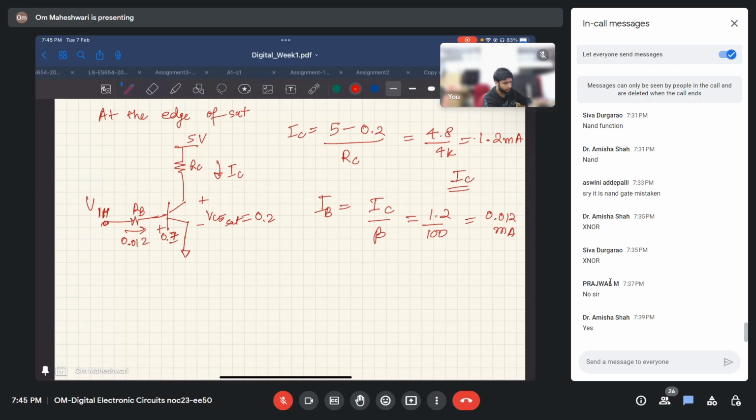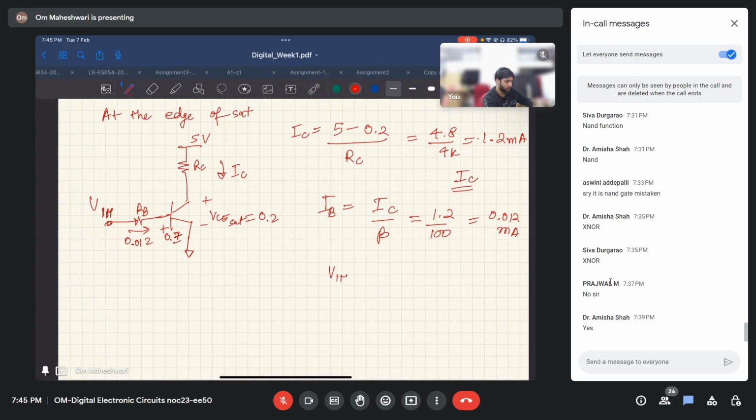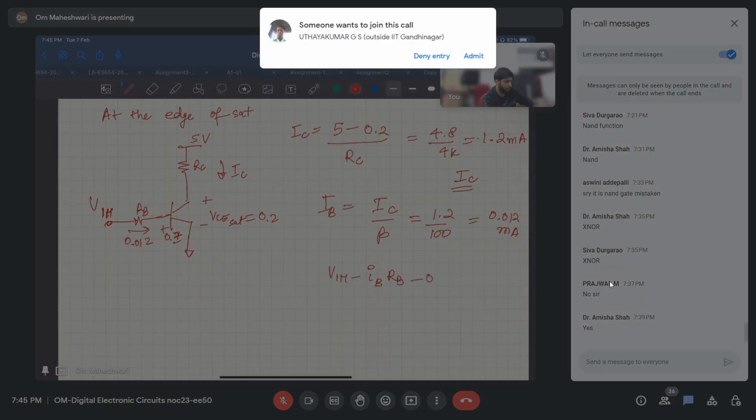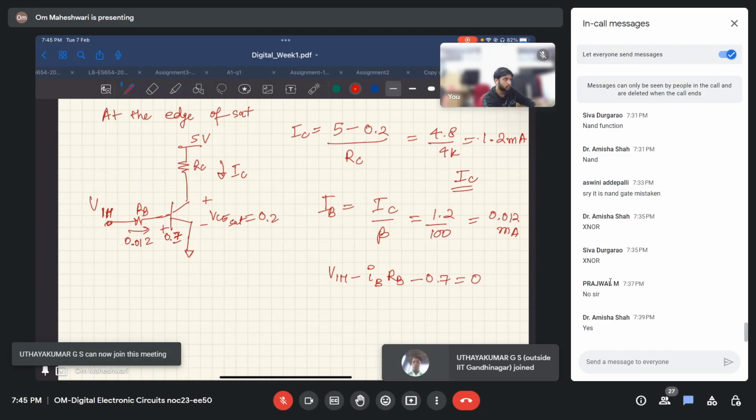So when we apply KVL here, VIH minus IB RB minus 0.7 equals 0.